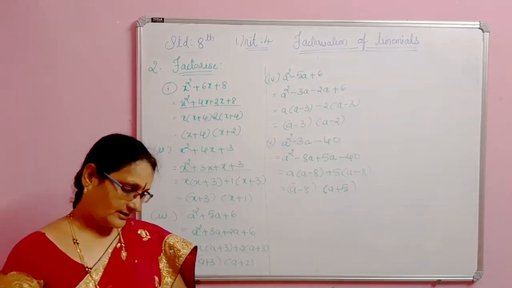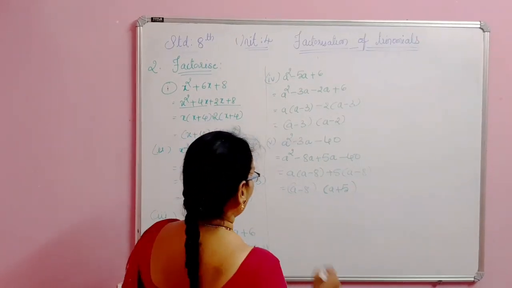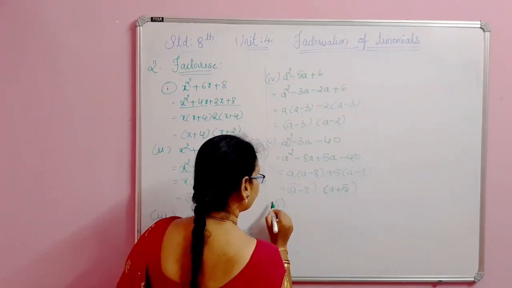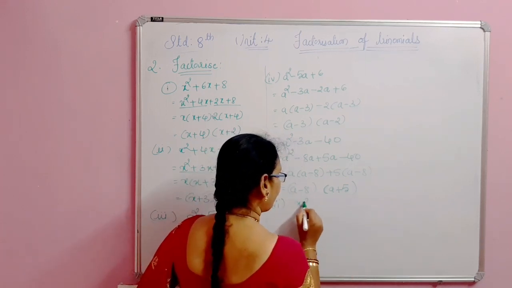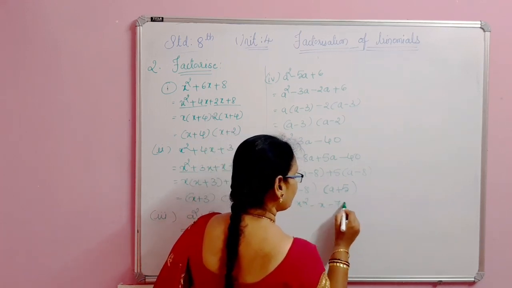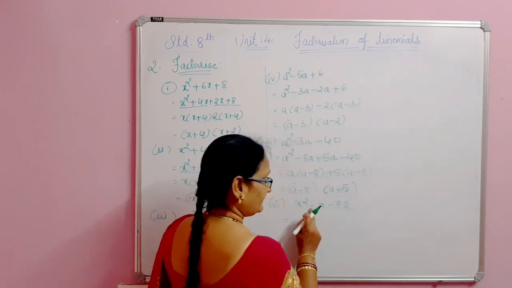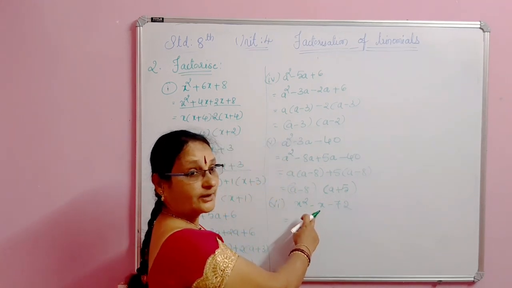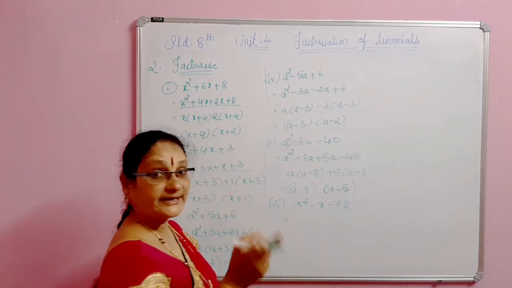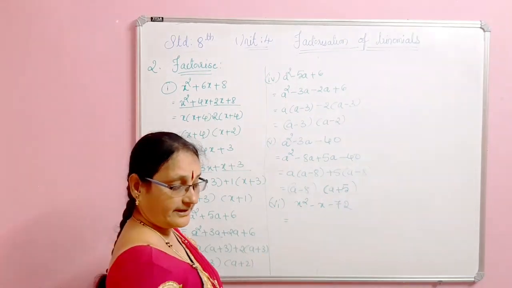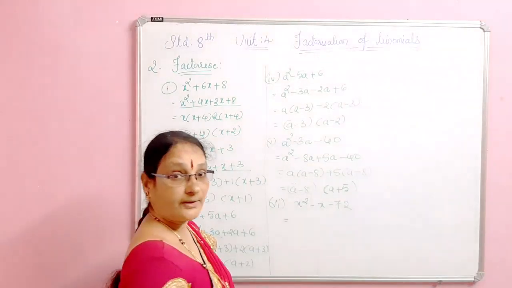In the same way, the last one. That is the sixth one. x square minus x minus 72. On addition we have to get minus 1. Multiplication is minus 72. 9 8s are 72. 9 minus 8 is 1.